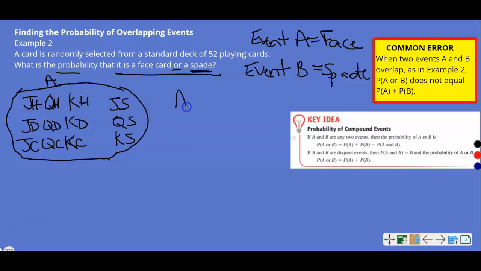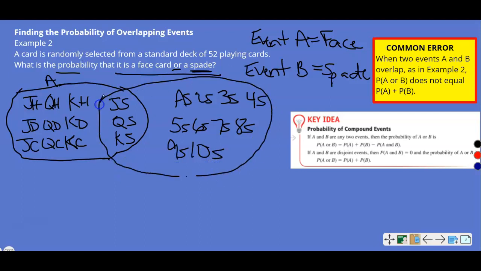So you have an ace, a 2, a 3, 4, 5, 6, 7, 8, 9, 10. And then you go Jack, Queen, King. So ace of spades. All of these are spades. And these are spades as well. So you can see this does have some overlapping.